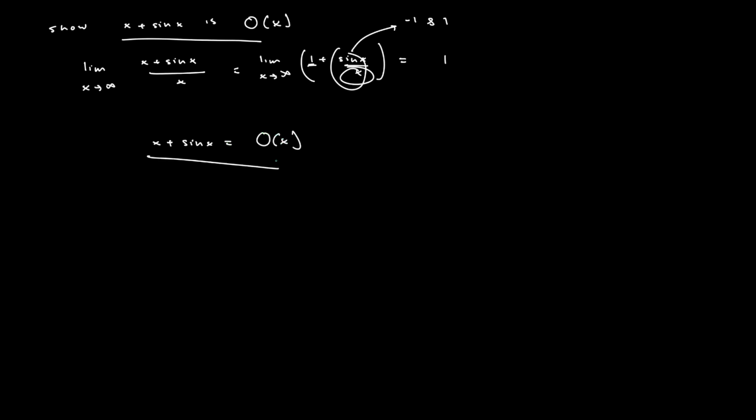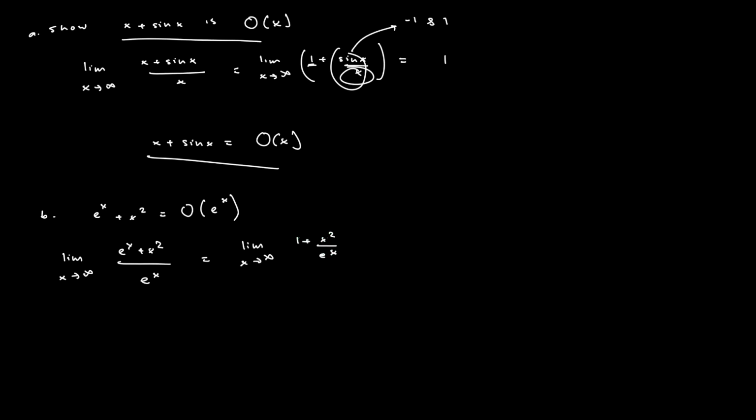Now let's just do another example. So this is example A. Example B. Show that e to the x plus x squared is equal to big O of e to the x. And so if you were to find the limit as x tends to infinity of e to the x plus x squared divided by e to the x, this would simply be equal to the limit as x tends towards infinity of 1 plus x squared divided by e to the x.